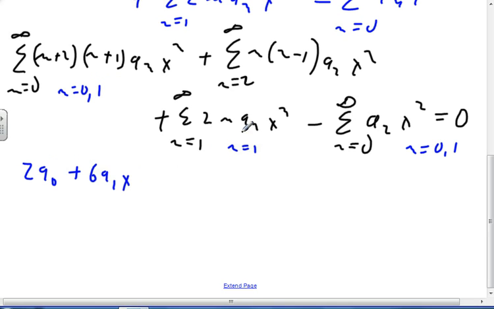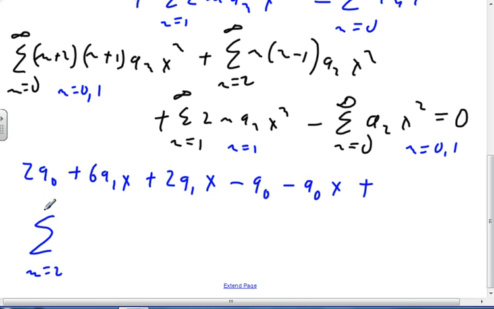N is equal to 1 term, plus 2a1x. X is equal to 0, minus a0, minus a0x, plus summation 2 to infinity. Couple brackets.